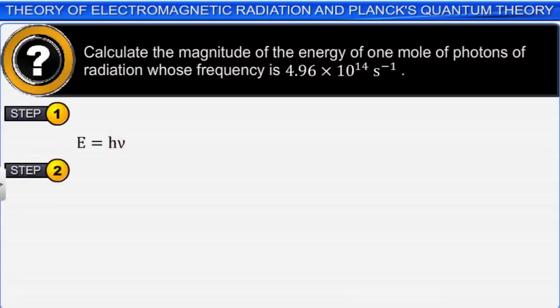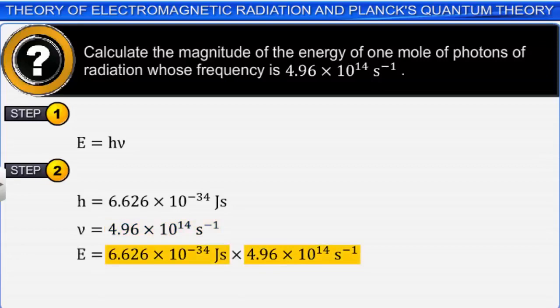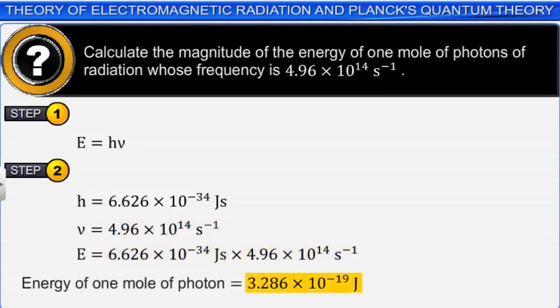In the second step, let us substitute the values of h, that is, 6.626 × 10^-34 joule second, and the given value of frequency, that is 4.96 × 10^14 per second. On substituting and solving, finally, we get 3.286 × 10^-19 joules.